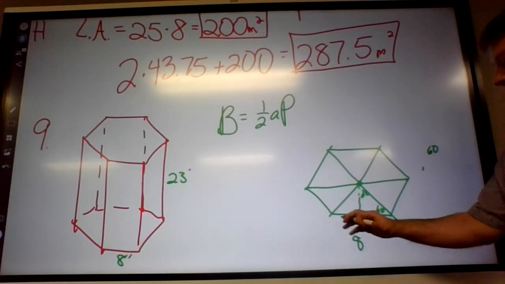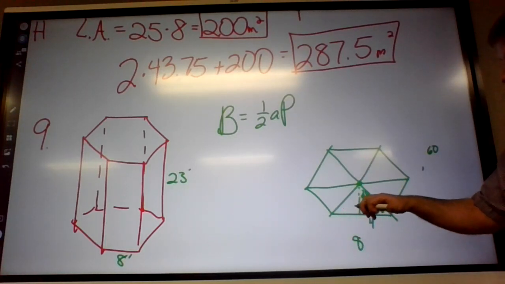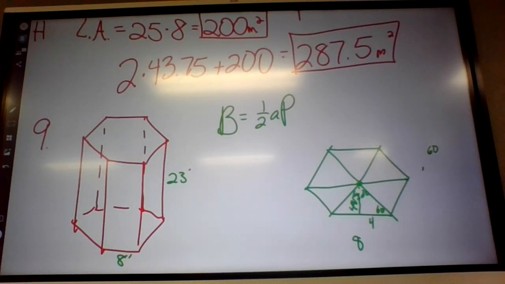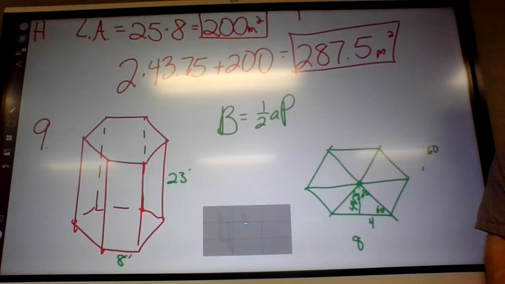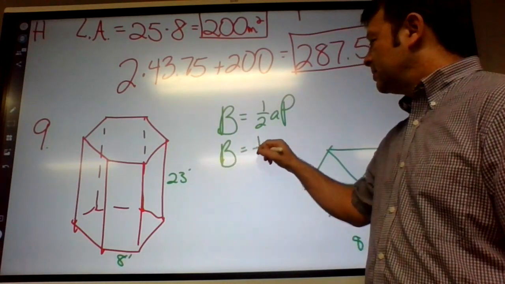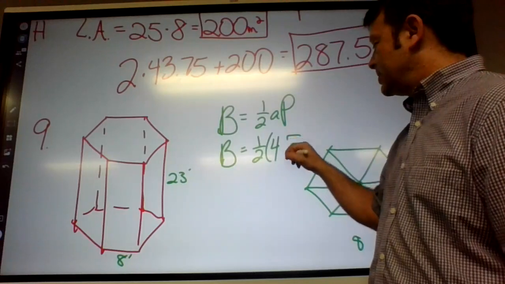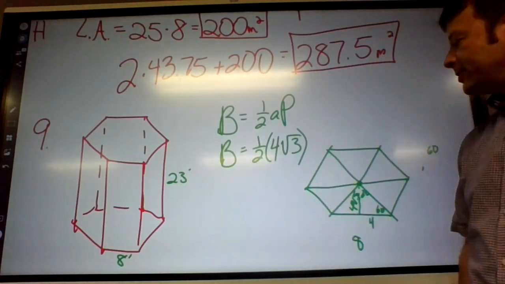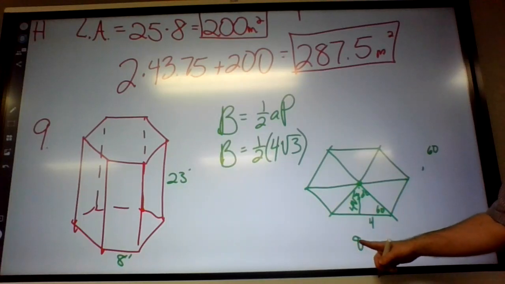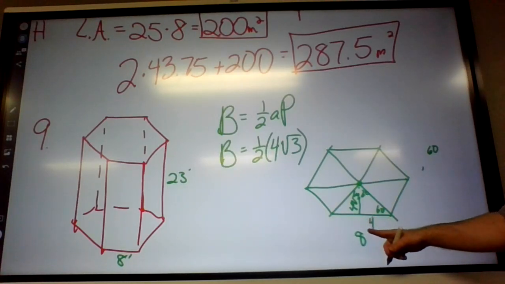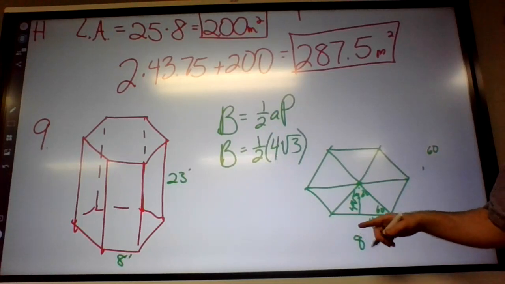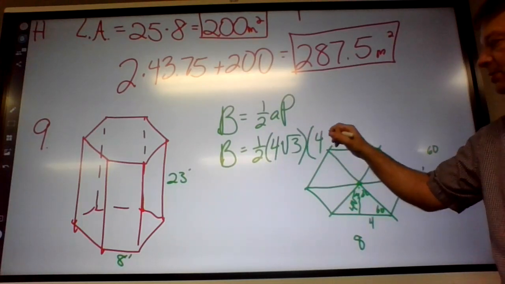So if this whole side is 8, this is 4, and this will be 4 square root of 3. Do you guys remember special triangles? It's alright, I'm not going to make you do that on this test. But the apothem is 4 square root of 3. The perimeter is 8 times 6, so it's 48.